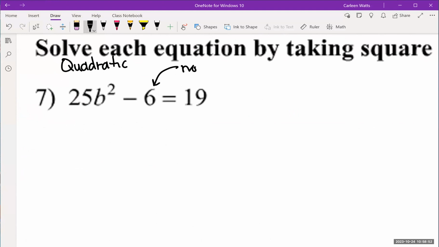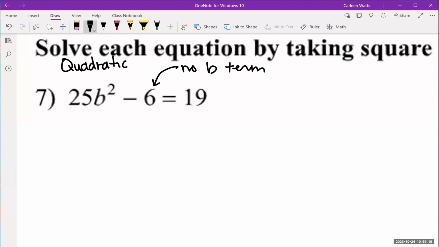You know how when we usually factor, okay, no b term. I would have b squareds, I would have b's, I have constant terms. There is no b term. It is called the linear term. It has a variable, but no exponent.